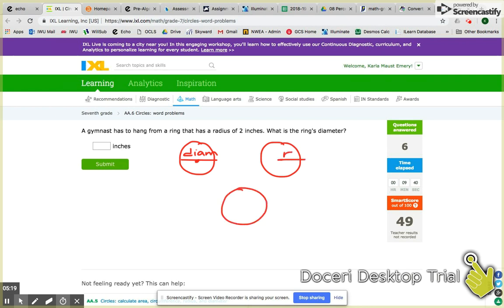So we know that the diameter is 2 times the radius, right? So if my radius is equal to 2, then my diameter is going to be equal to 2 times r. So in this case, it'd be 2 times 2, which gives us 4.